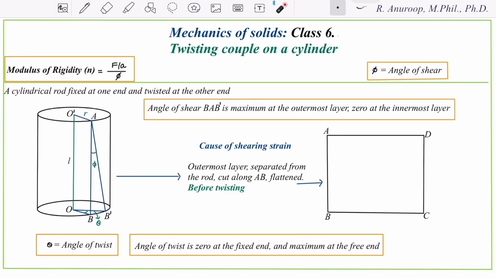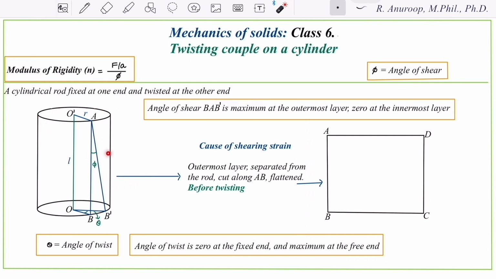Now let us understand what is the cause of shearing strain, or how the shearing strain happens inside a cylinder when it is twisted at one end. Consider the case of the cylinder before twisting.